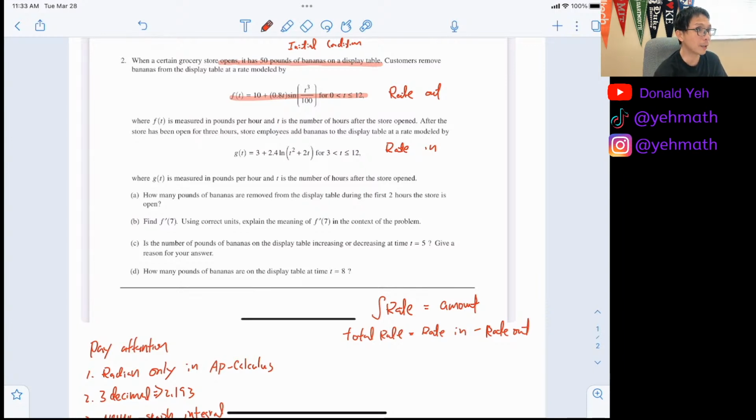So if I say f of x, and I take the derivative of f of x, it's going to tell you if the rate is increasing or decreasing. Does that make sense? Because this is already a rate. If you take a derivative, it's going to tell you increasing or decreasing of the function, which in this case is the rate. Am I going too fast?